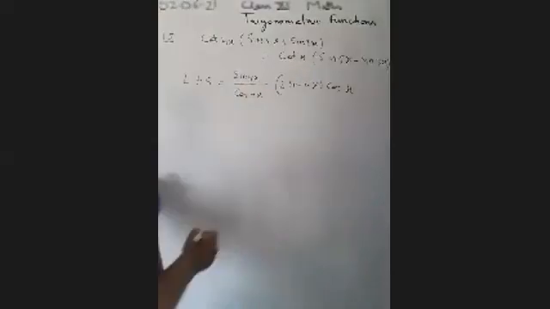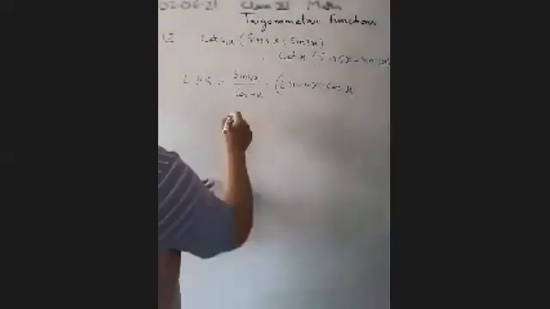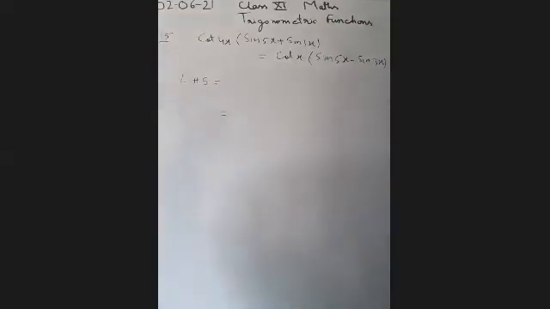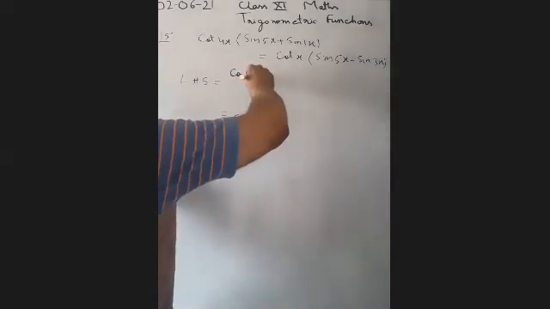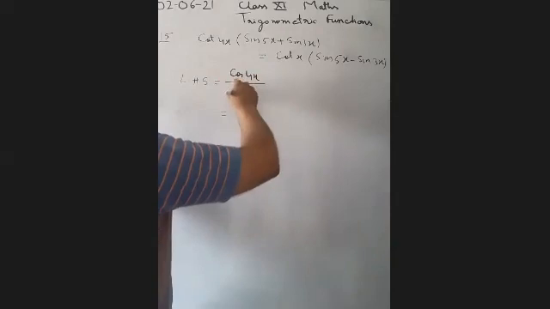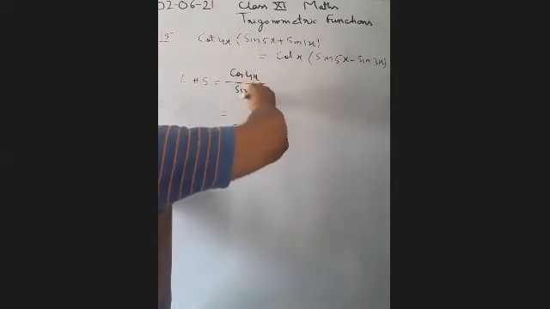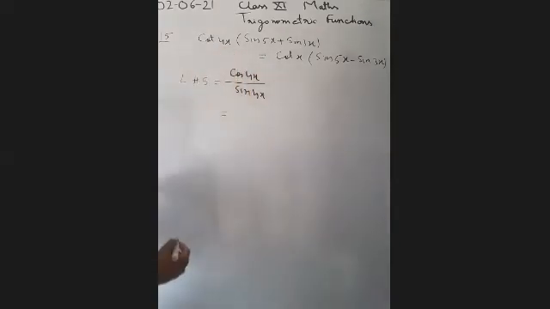Okay, so we get sin 5x plus sin 3x equal to 2 sin 4x cos x, and cos 4x divided by sin 4x, that is cos theta upon sin theta.